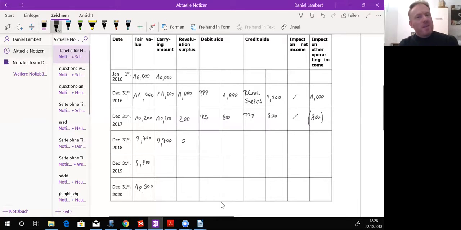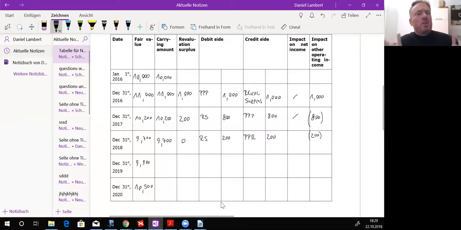But this does not suffice. We need to have a further decline in the value of property, plant, and equipment. So let's see. Revaluation surplus goes down by 200, because it was, as a matter of fact, 200 the year before. So does property, plant, and equipment. It goes down by 200, meaning other operating income, which was not part of the income statement, went down by 200 just as well.